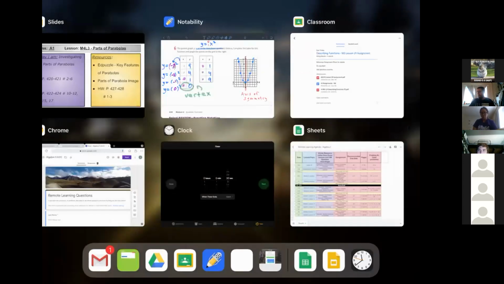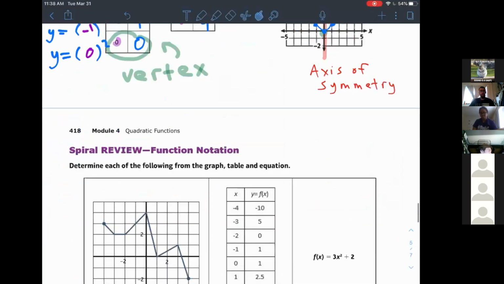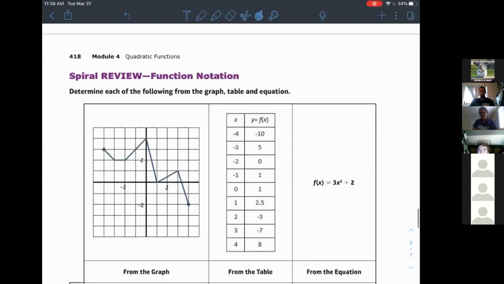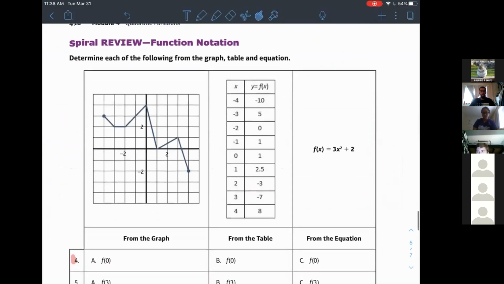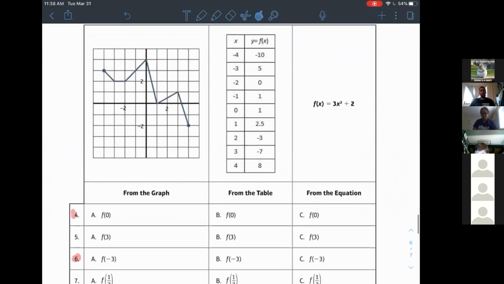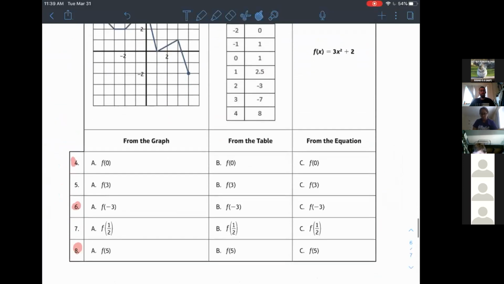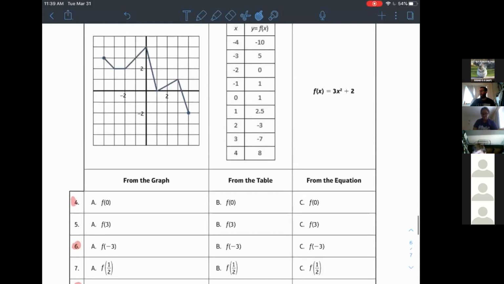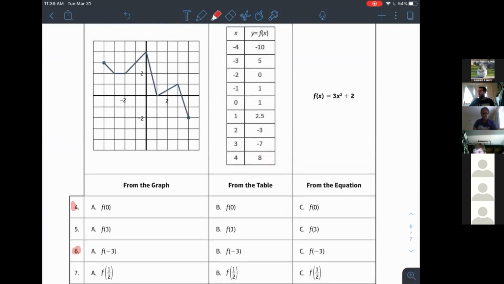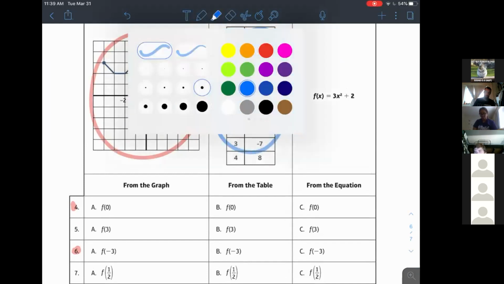Let's get back to business here, and let's cruise on down to page 418, number 4. The nice thing about page 418, number 4, and 4, 6, and 8 specifically, is that we are working with a reiteration or a review of concepts. So we're given 3 different forms of functions. One is a graph, obviously, one is a table, and one's an equation.